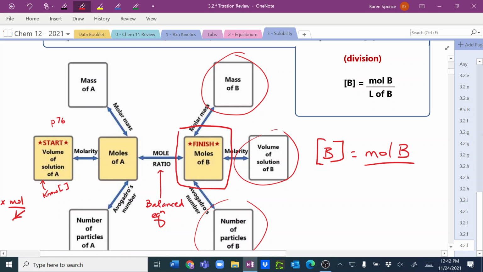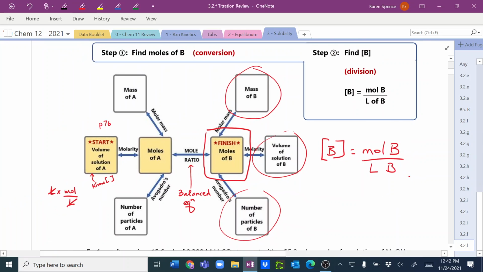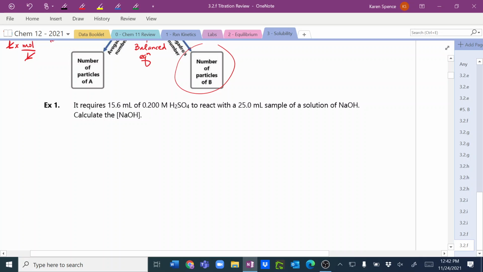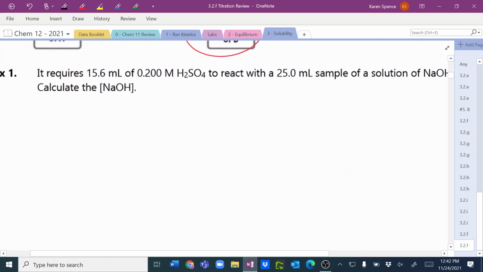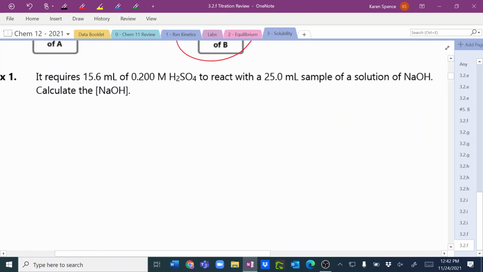Moles divided by liters. So you'll just divide it by liters of B. That's it. Okay, so titration is nothing new or fancy. It's just grade 11 rehashed. So let's take a look at this one example here.